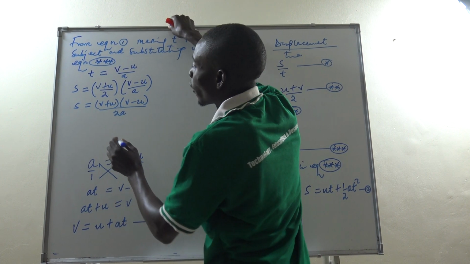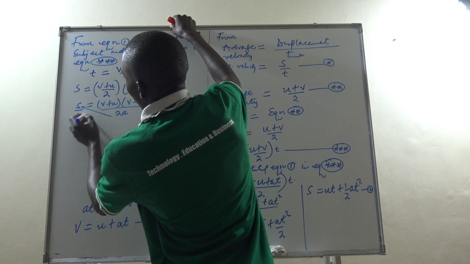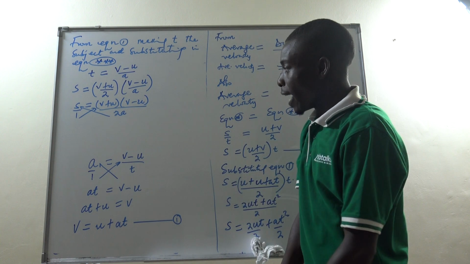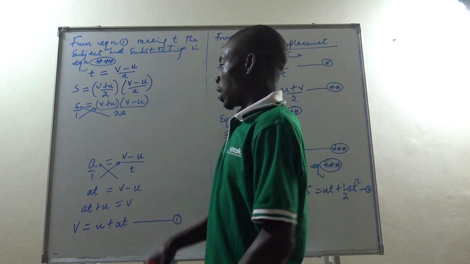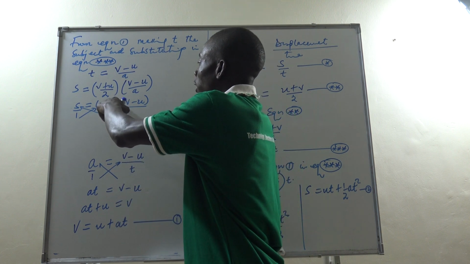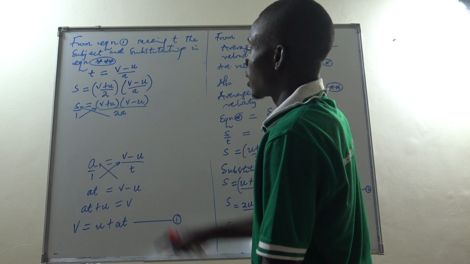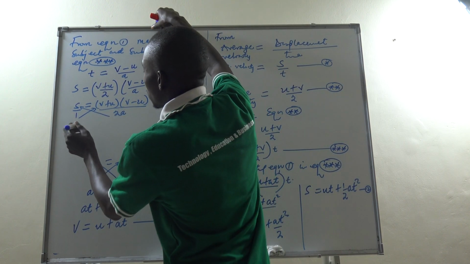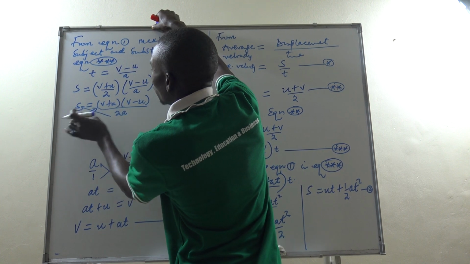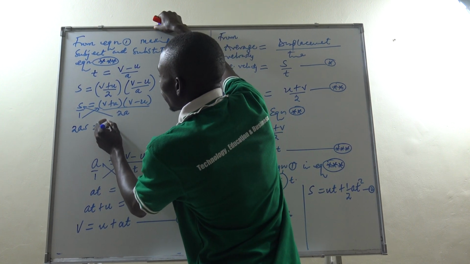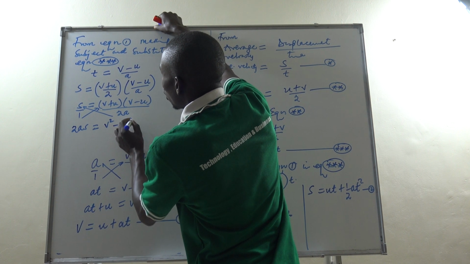Here I can cross multiply. If you look at v plus u times v minus u, that is exactly the difference of two squares. So 2as equals v squared minus u squared.